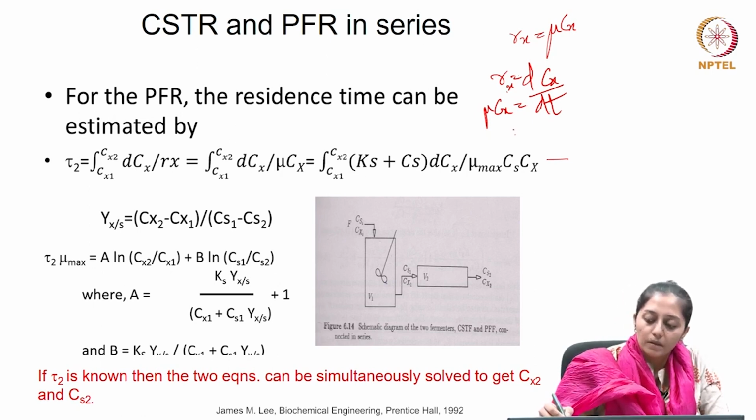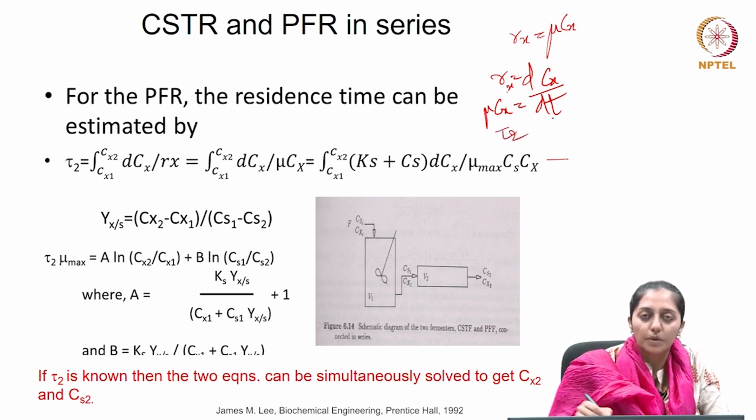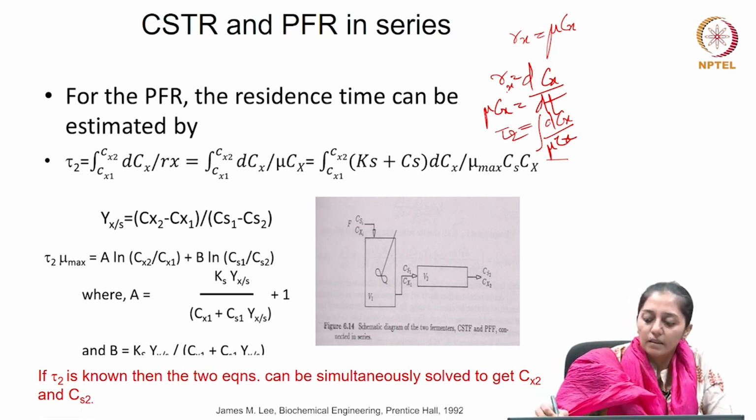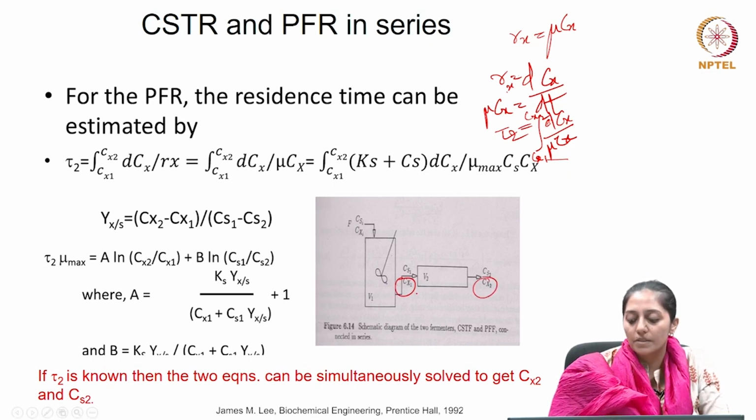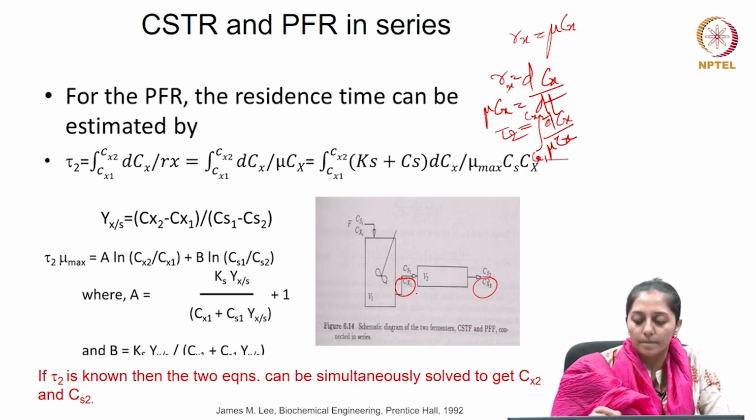Now, here the residence time, once we integrate, let us assume tau 2 is the residence time, and here we have dCX by mu CX. The integral limits are CX1 and CX2. CX1 is the inlet biomass concentration and CX2 is the outlet biomass concentration in this plug flow reactor.